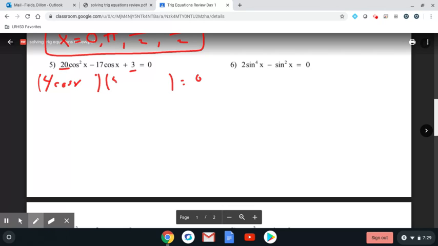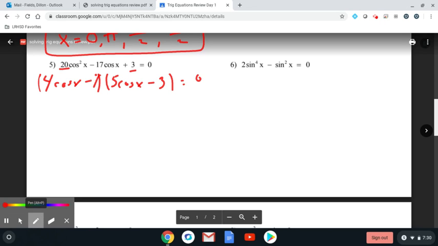And then this is going to start with 5 times cosine of x. It's going to get the 3. This will get the 1. And then in this case, both of them are going to be negatives. All right. So this is going to factor into 4 cosine x minus 1 and 5 cosine x minus 3.